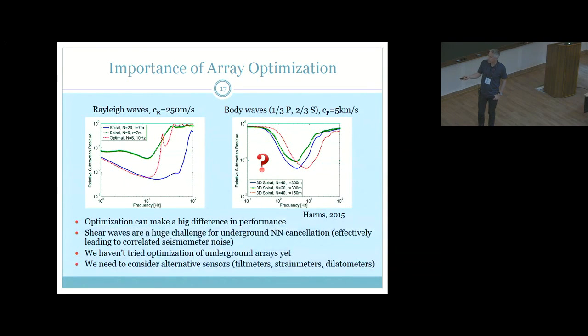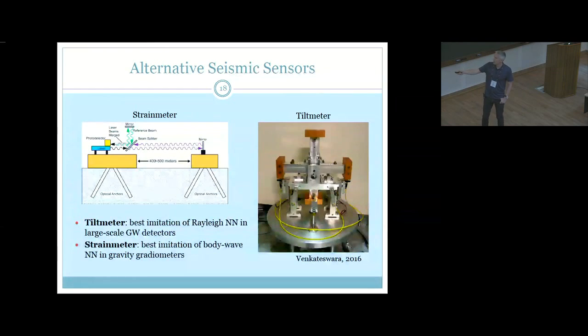Right. Now, a tilt meter, for example, that's like the model developed currently by Krishna in Washington State, and another option would be to use strain meters, which would operate more or less like that, where you measure the distance between 2 points attached to the ground by a laser, let's say.